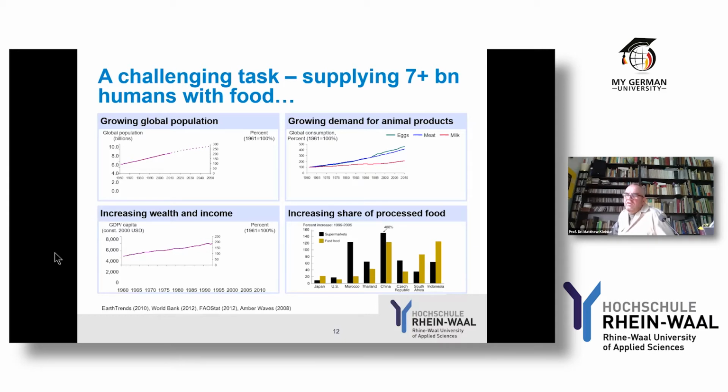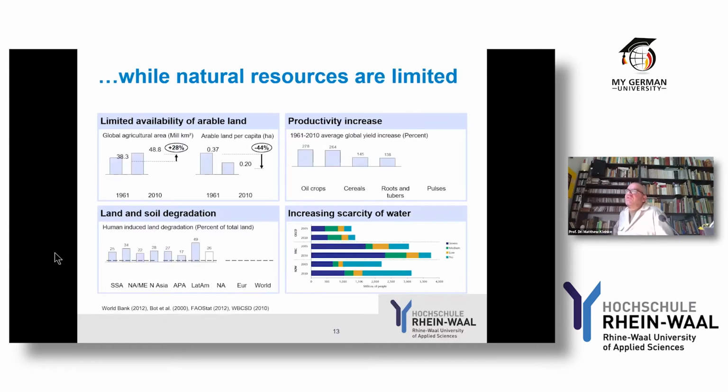This is combined with increasing wealth and income, and also with more processed food in different regions. So we have an immense growth of this market internationally. But on the other side, we will see that our resources in this field, as in many other fields as well, are very limited.